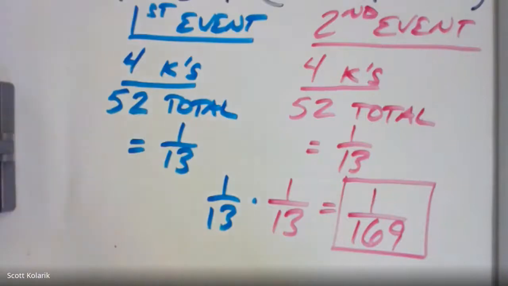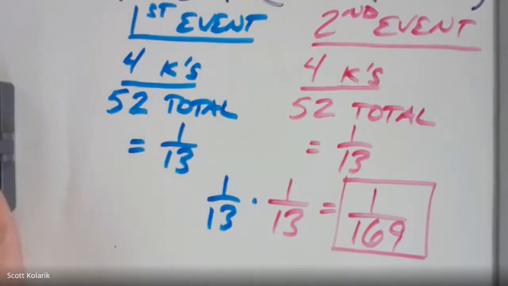In other words, if I were to pick 2 cards in a row 169 times, I would only likely pick 2 kings one of those times. Very unlikely event. So that's the probability of not just picking a king, but picking a king twice. All right, 1 in 169. And again, this is with replacement.